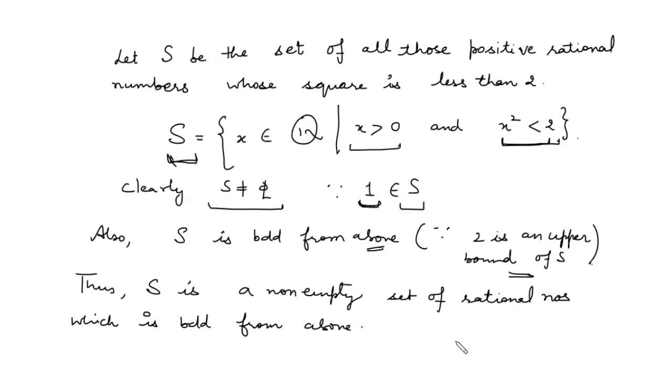Now what do we want to prove? We want to prove that there exists a least upper bound, or you can say supremum, and that is a member of S. Right? If this holds, then it will be order complete; if this does not hold, then it will not be order complete.